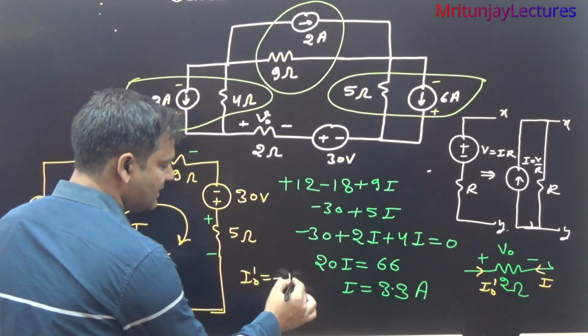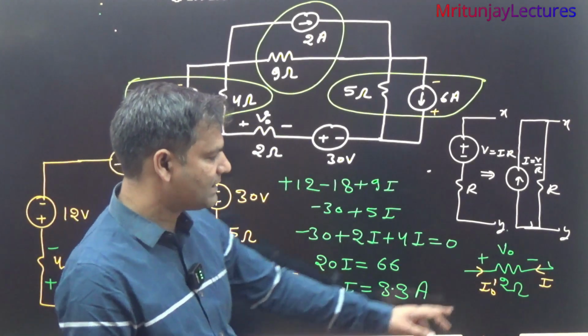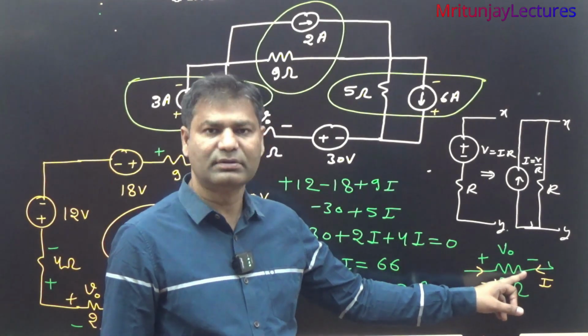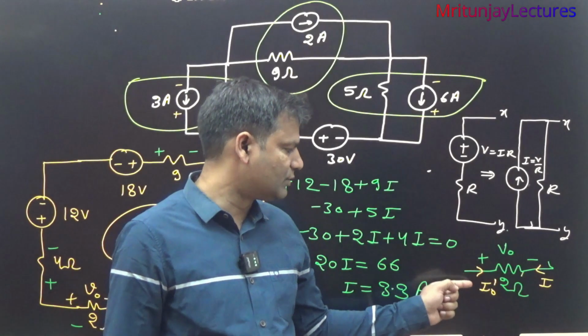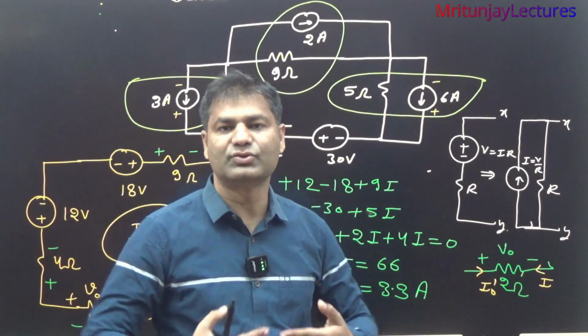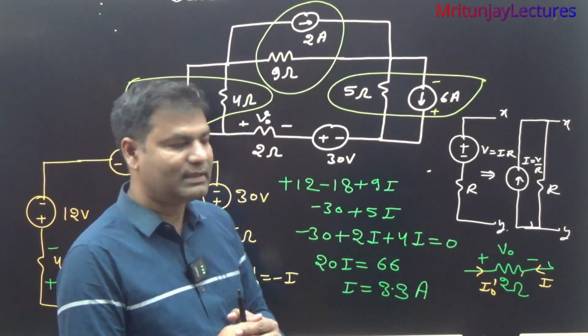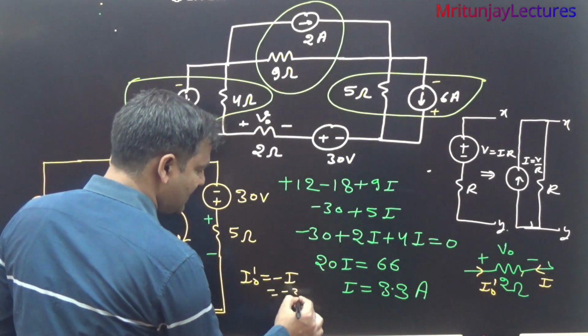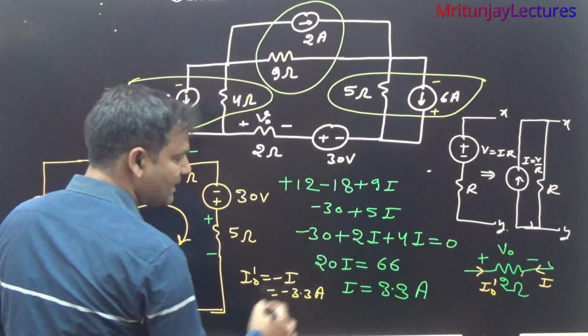This is equal to minus I. If you apply KCL at that node, I and I0 are in opposite directions. So I0 dash is equal to minus I. Minus I means put that value here, minus 3.3 ampere.